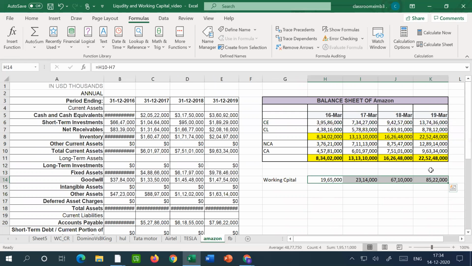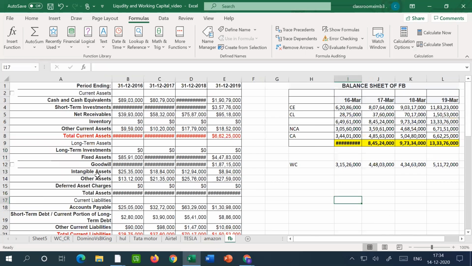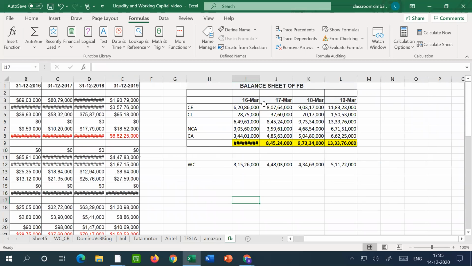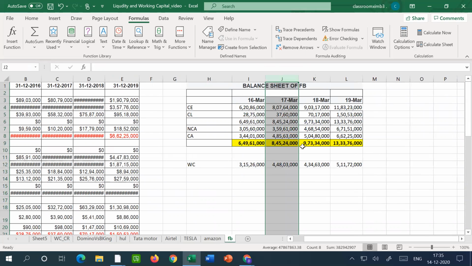So it is necessary to observe the composition of the current liabilities and current assets to understand the position of liquidity. What about Facebook? We can see that Facebook is also having a positive working capital for the last 4 years.